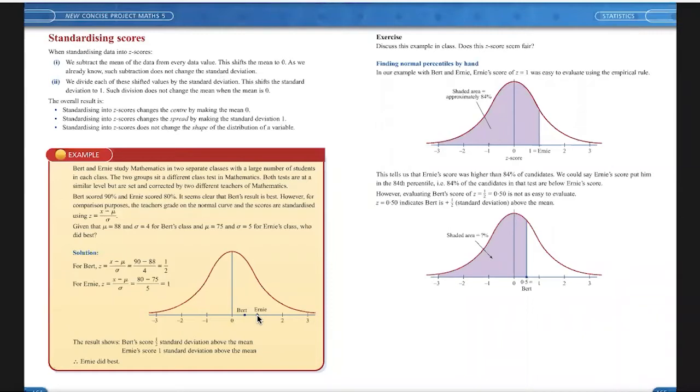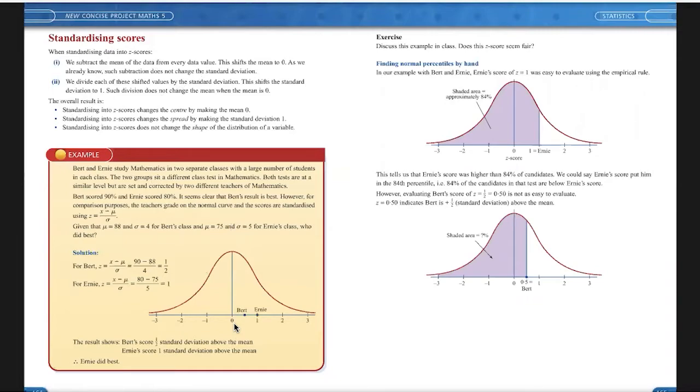Okay, such division does not change the mean when the mean is 0. Okay, you don't have to know what's going on in the background, but you do have to know the overall result. So standardizing into Z-scores makes the mean 0 in the center. And it's 0 because it is 0 standard deviations away from the mean. It is the mean, okay?